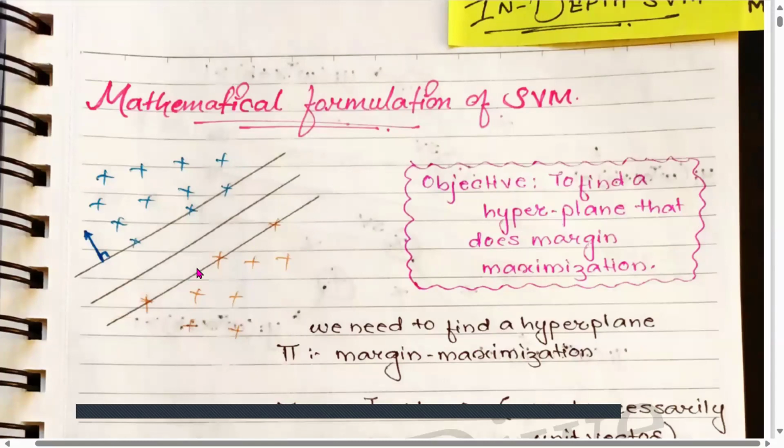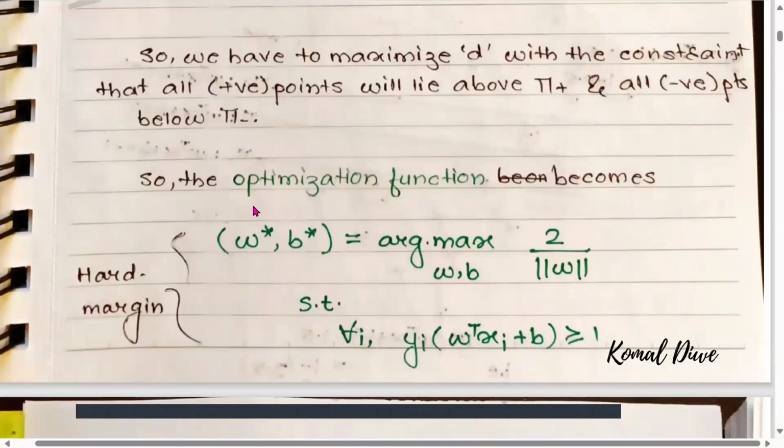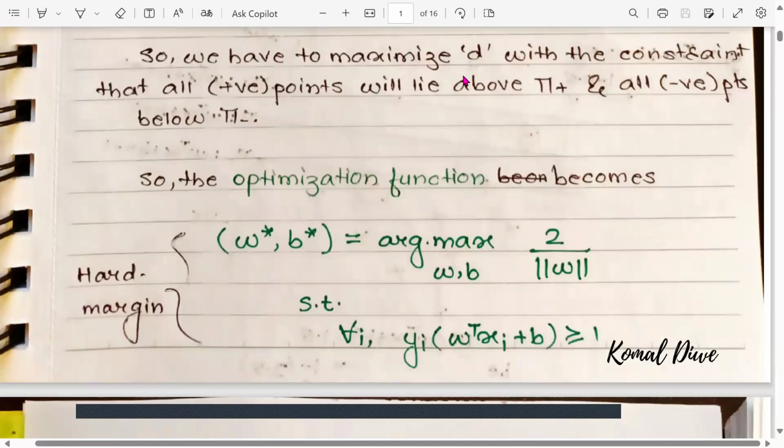All the negative points and positive points lie on their own side, and there is no exchange of points. They will not lie in the other region. This is the meaning of the constraint, and this is our purpose.